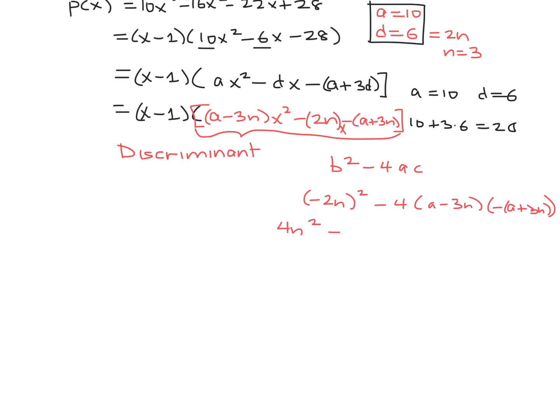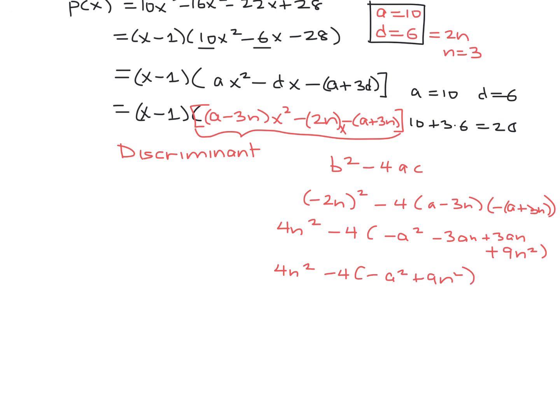4n squared minus 4 times minus a squared minus 3an plus 3an minus 9n squared. So that's going to be 4n squared minus 4 minus a squared plus, hold on. No, this is a plus 9n squared.